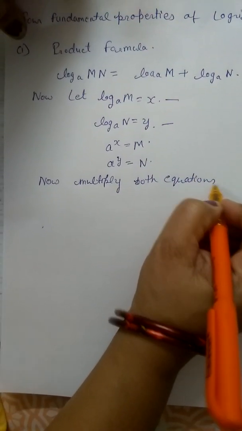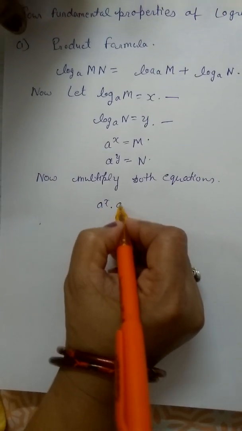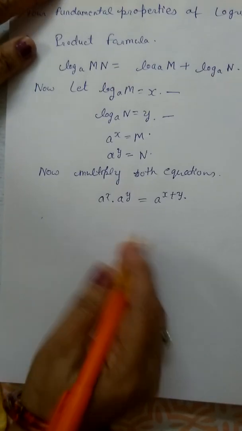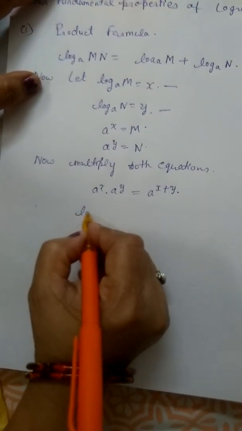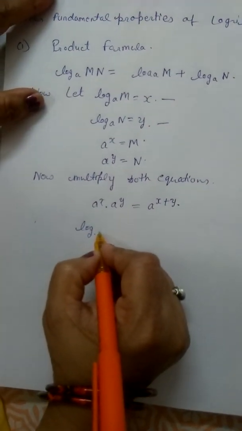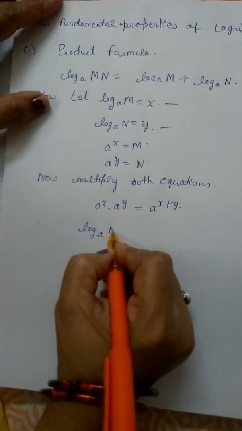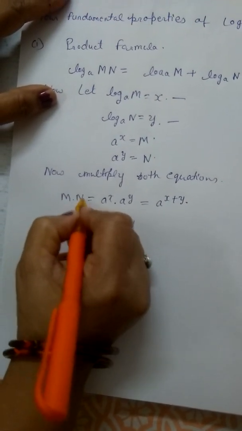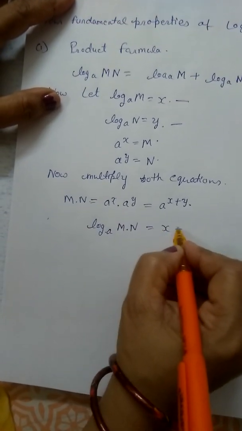What will we get? a^x times a^y is equal to a^(x+y). Now you can write this as log_a (m·n), which equals x plus y.